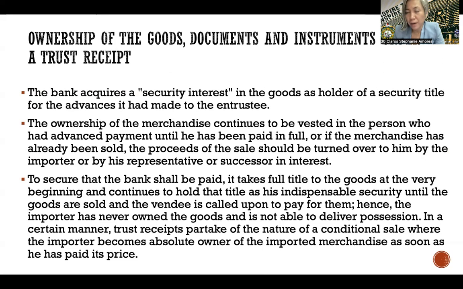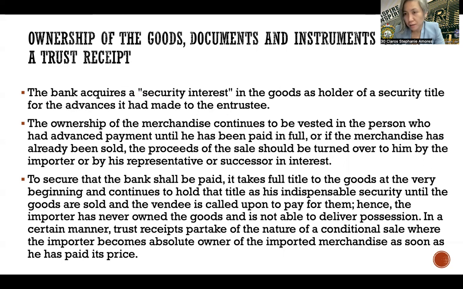And the bank acquires security interest in the goods as holder of a security title for the advances it made to the entrustee. So the ownership in the goods, documents, or instruments continues to be vested in the entruster who has made advance payment until fully paid.